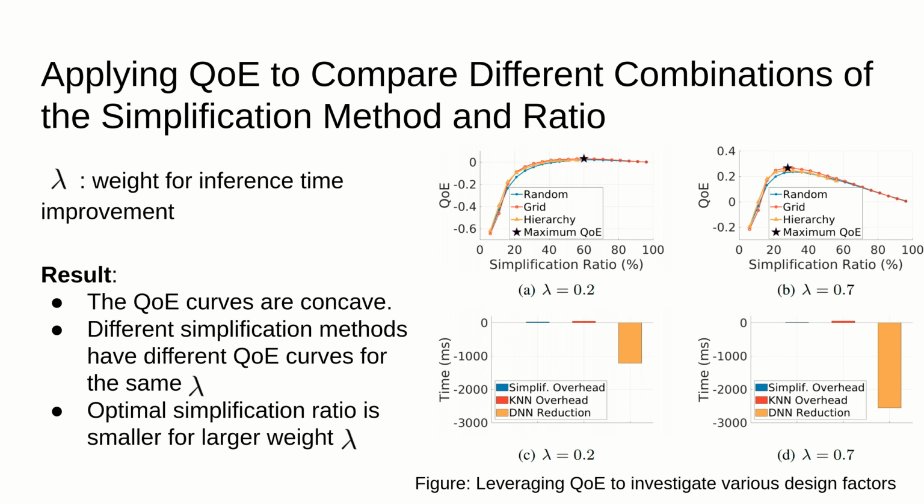We can see that the actual processing time of data simplification and the KNN is significantly smaller than the reduction time of running the DNN model on the simplified point cloud than on the full-size point cloud. In addition, as expected, a larger lambda reduces more DNN running time because of the smaller simplification ratio that achieves the highest QE.